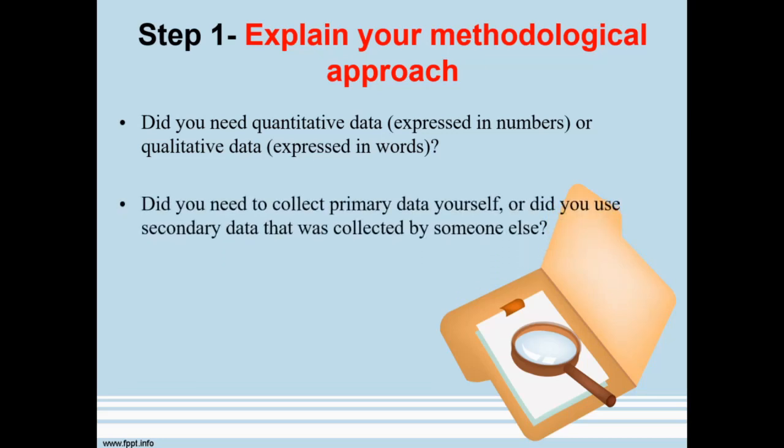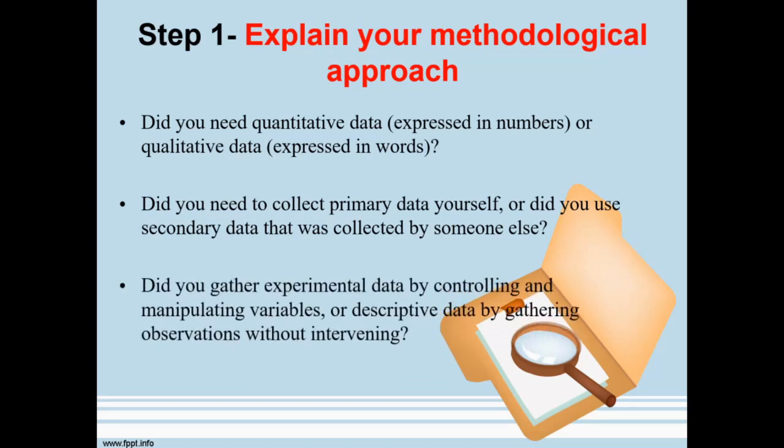Did you need to collect primary data yourself, or did you use secondary data that was collected by someone else? 3. Did you gather experimental data by controlling and manipulating variables, or descriptive data by gathering observation without intervening?